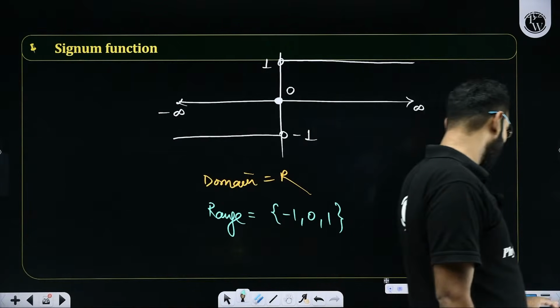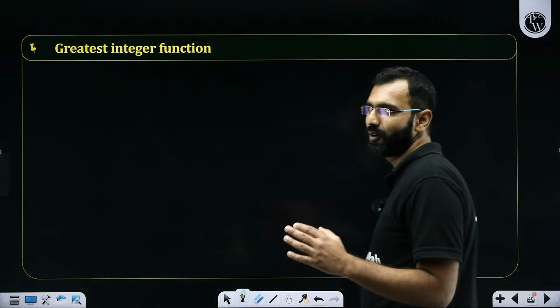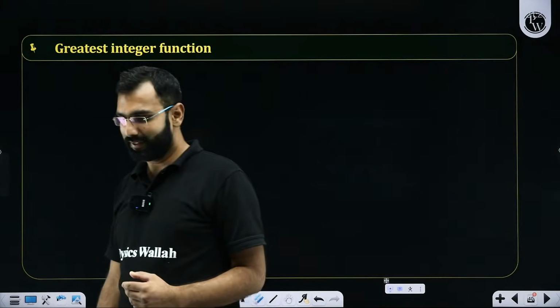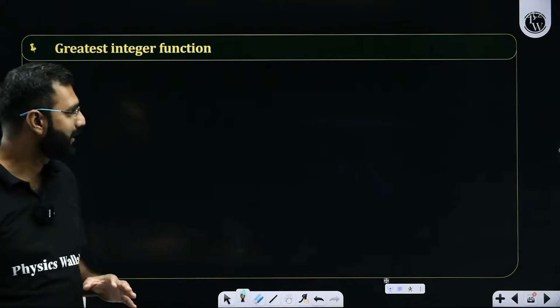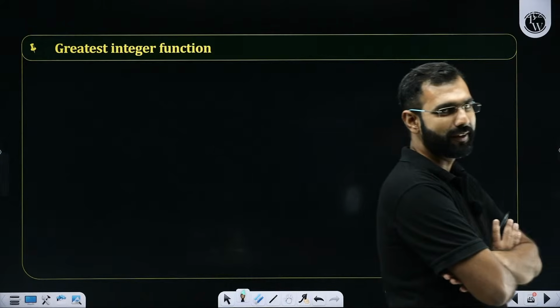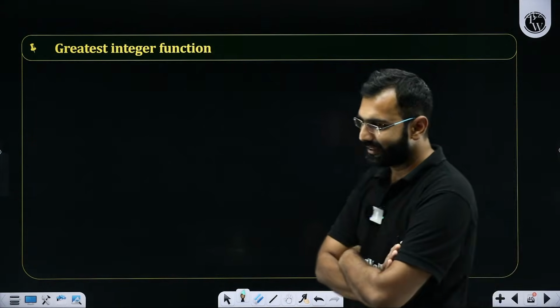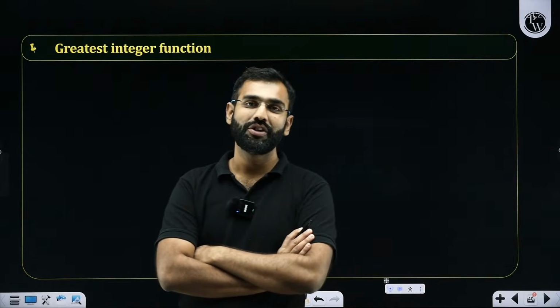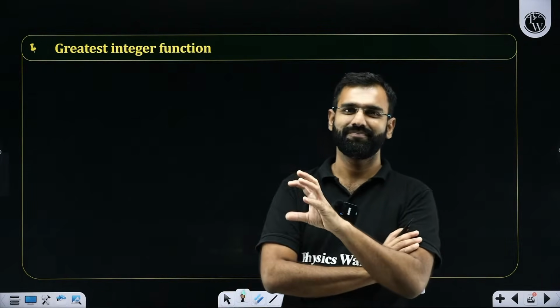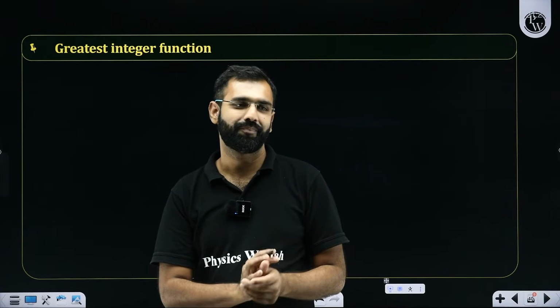So going ahead from here, shall we talk about a few more functions? This is a very beautiful function. And here, let me give you a disclaimer: don't consider GIF, the greatest integer function, as a function you use to take the significant digits or shorten a number.